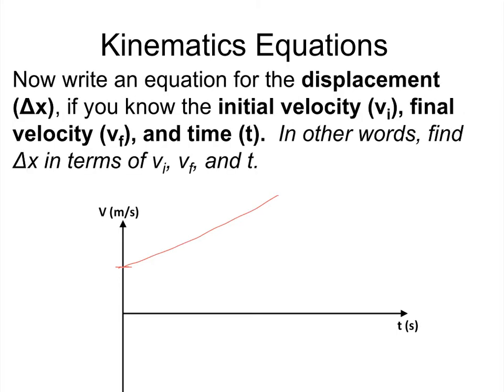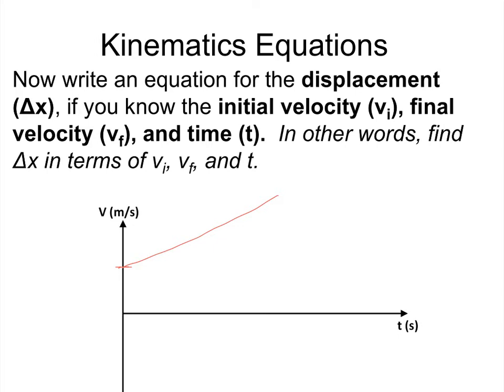Now we're going to get into the derivation part. So we're going to be told in each of these situations what things we know and what things we're looking for. So in this first situation, we're looking for a displacement of the object, and we're told here that we know the initial velocity, the final velocity, and the time. So what I want to do is I'm going to go ahead and label those quantities on my graph.